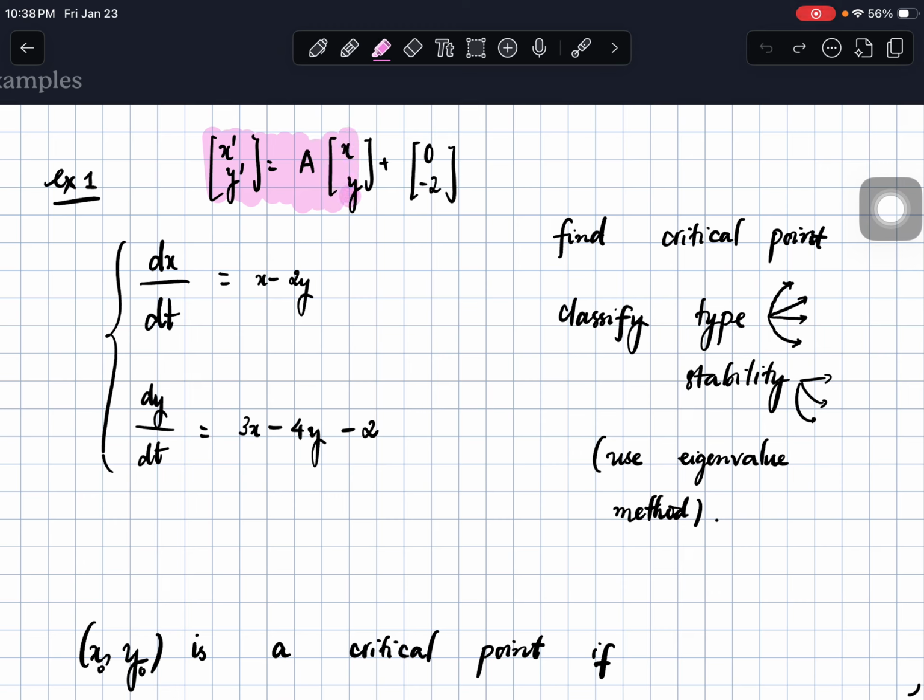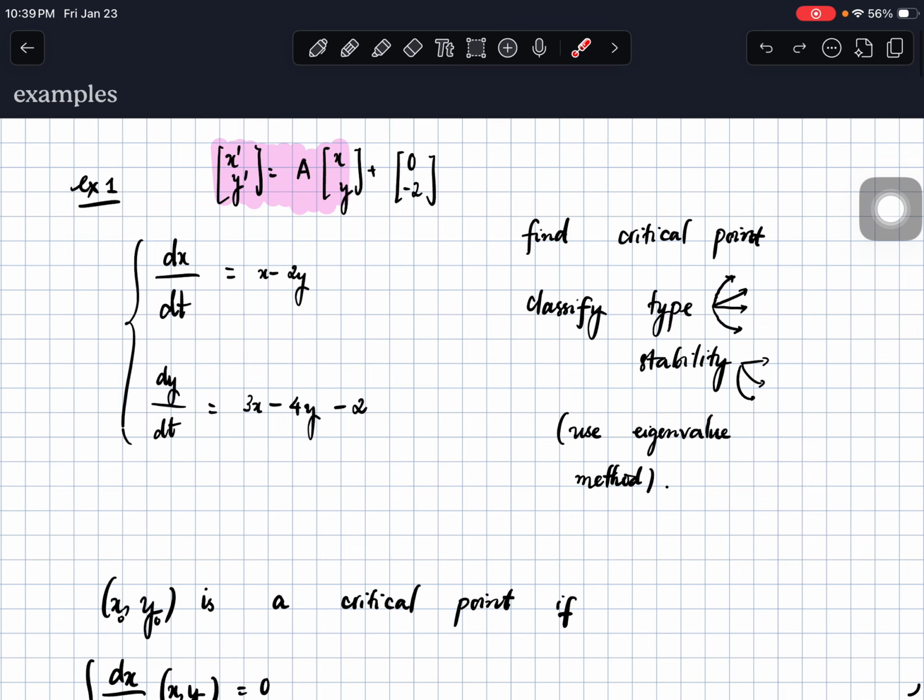And the behavior around the critical point x naught, y naught here will be the exact same thing as the behavior around the critical point 0, 0 of this homogeneous linear system. So just by changing the variable.